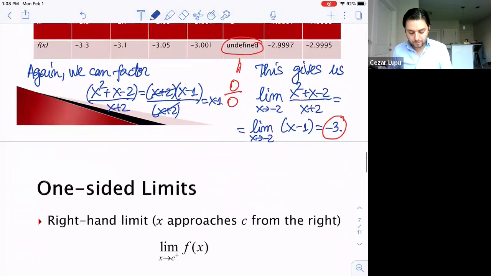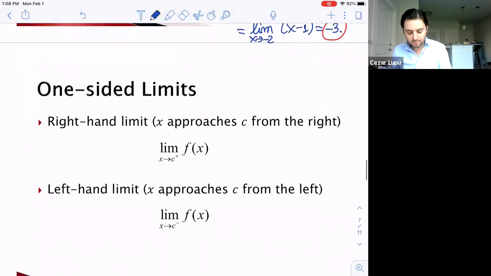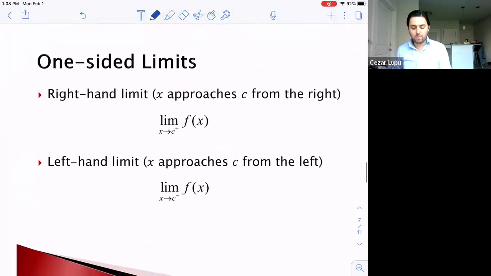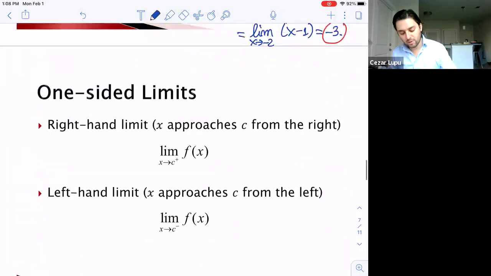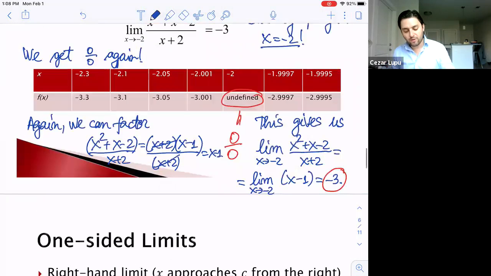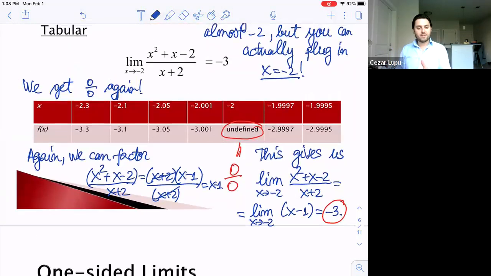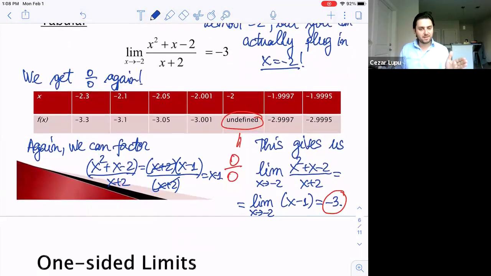Let me talk about one-sided limits. And this will be important. In the previous example, I would like to go back. You see, we went from the left of -2. So basically values which are less than -2.